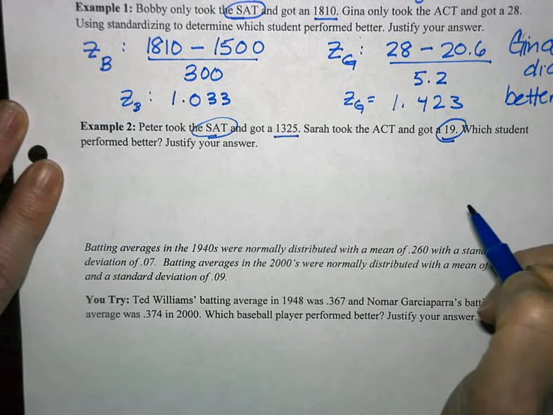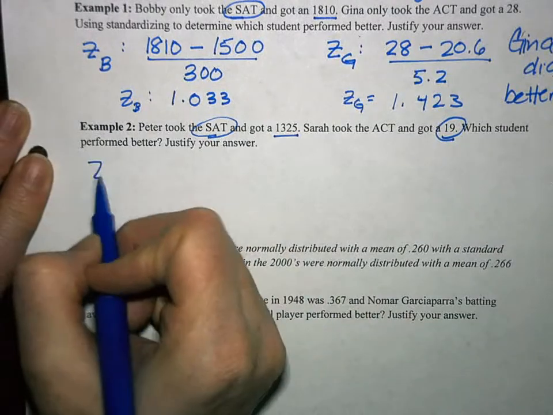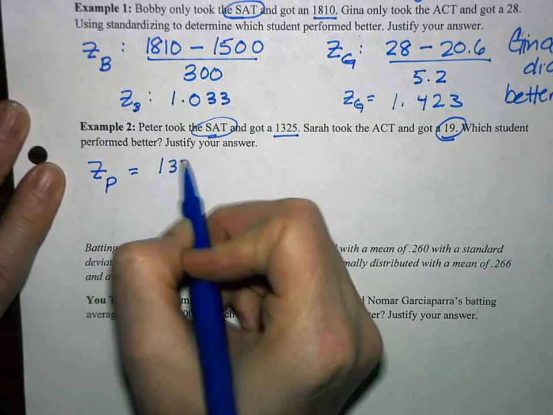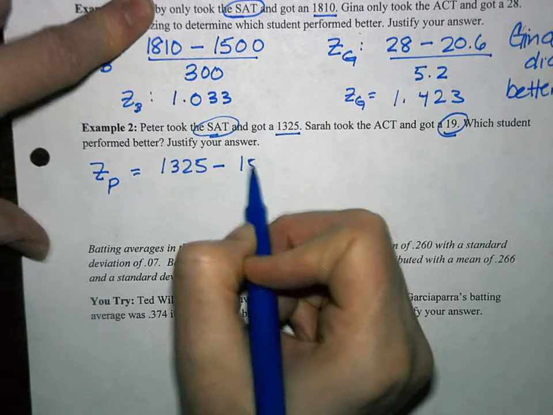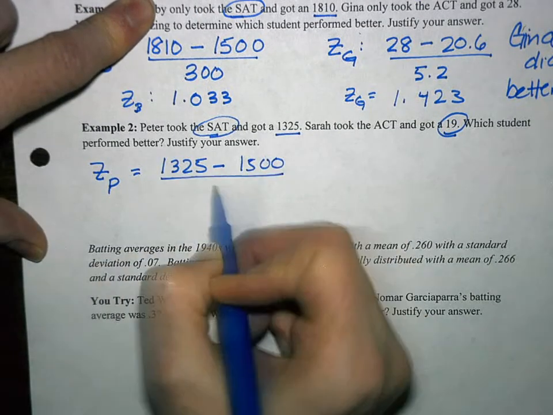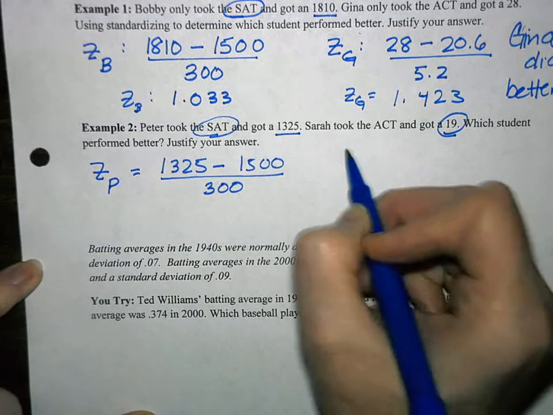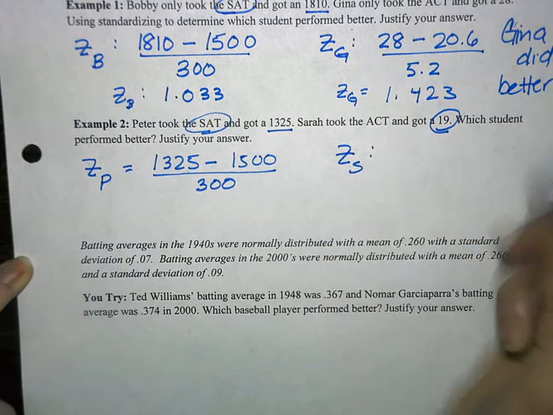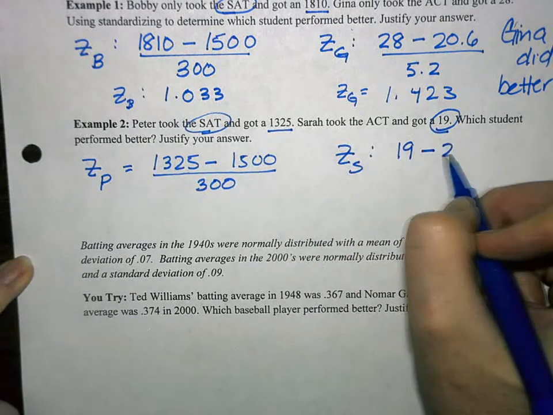Example 2. Peter took an SAT and got a 1325. Sarah took the ACT and got a 19. Which student performed better? So you could take a guess. Who do you think did better? But let's find out for sure. The z-score of Peter equals his score, 1325, minus the average SAT score, which was 1500, divided by the standard deviation for SAT scores, 300.